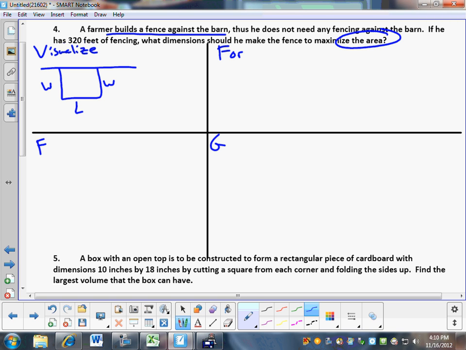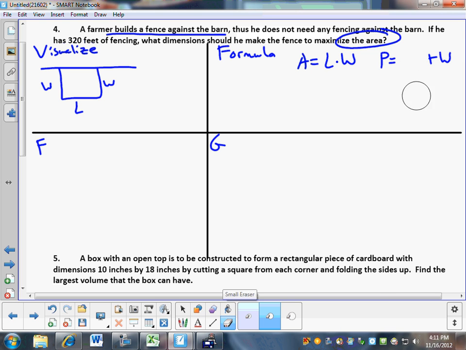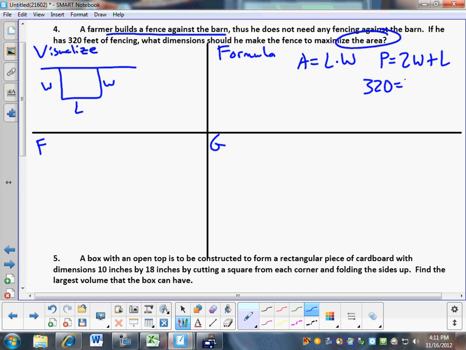Again, formula. I got area is equal to length times width. What else do I have? Well, I have perimeter is equal to 2 lengths plus 1 width. I'm sorry, 2 widths plus 1 length. So the perimeter is equal to 320, so 320 equals 2W plus L. Subtract 2W from both sides.